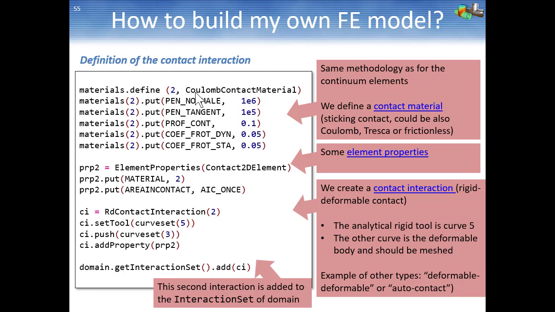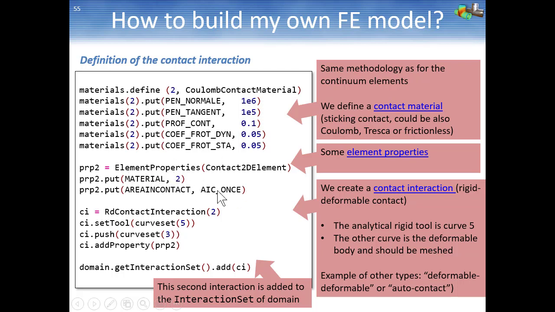But if you have contact, you have some friction coefficient. It's also put in a similar contact material next to the steel material. As with all the materials, you have a list of parameters that are always the same. We just give values to the parameters that are needed by the material.